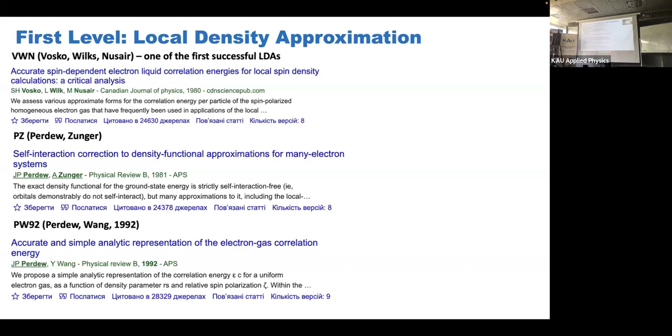So a lot of these local density approximation methods were made in the 1980s when they were very successful. And in our calculations, we use this Perdew-Zunger method, which even now each year like 1,000 articles cite.